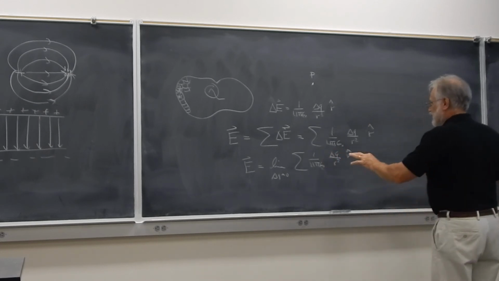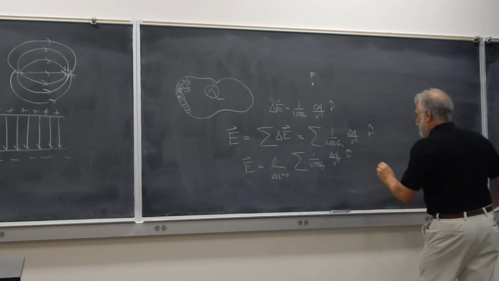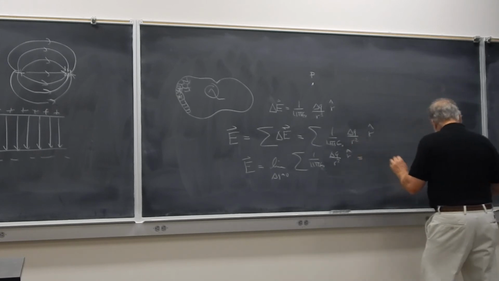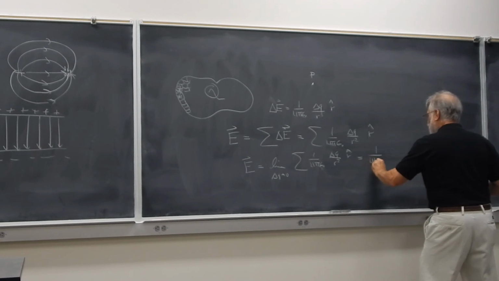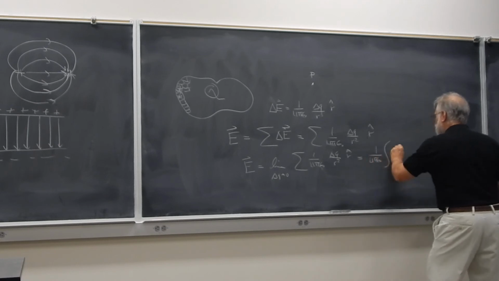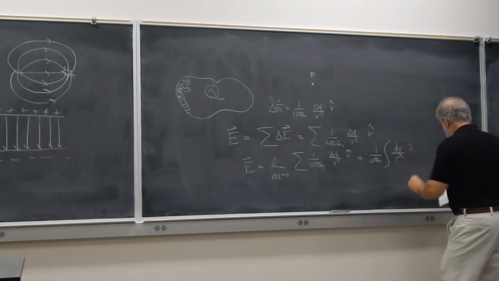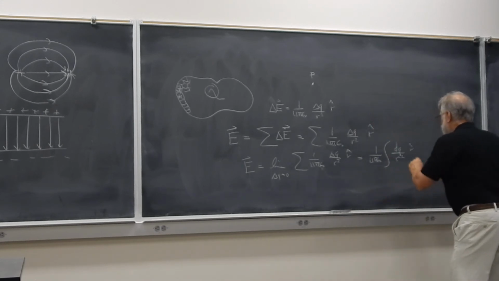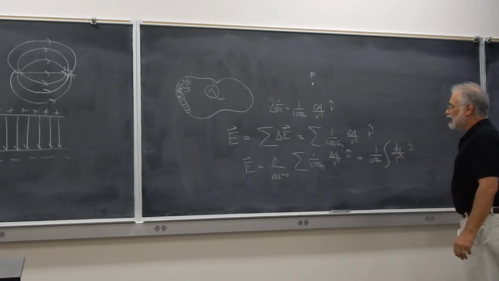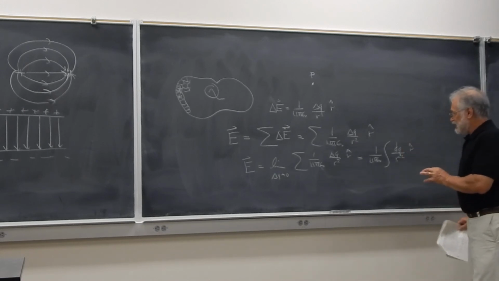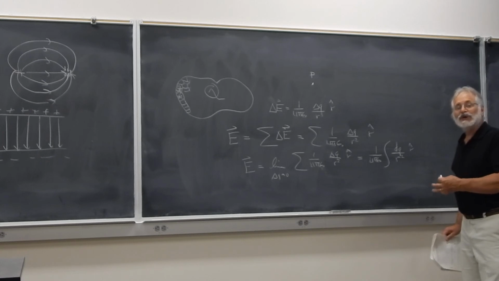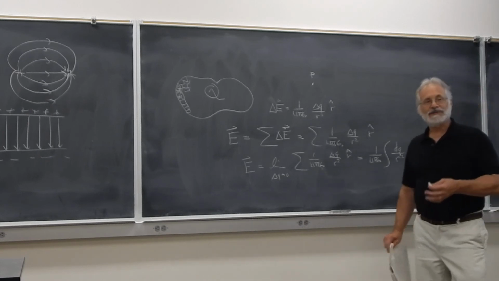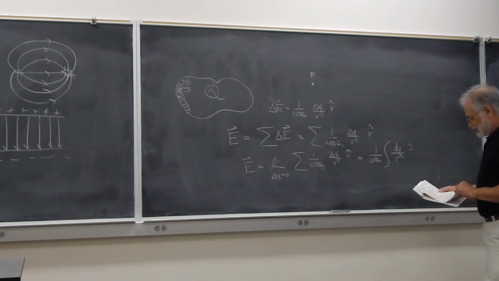And what this tells me is as delta Q approaches 0, I can now write this as an integral, 1 over 4 pi epsilon naught integral dq over r squared in the r direction. This is, in principle, the way you would solve an electric field problem for a continuous charge distribution.